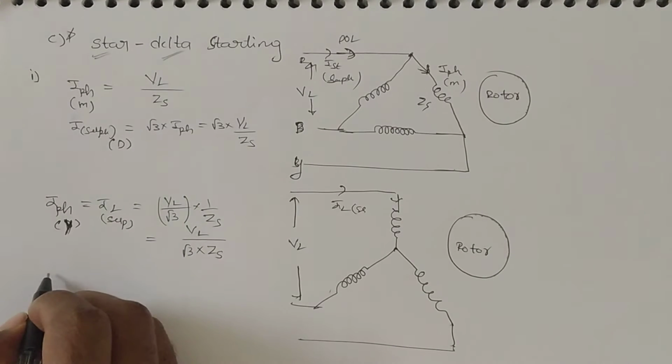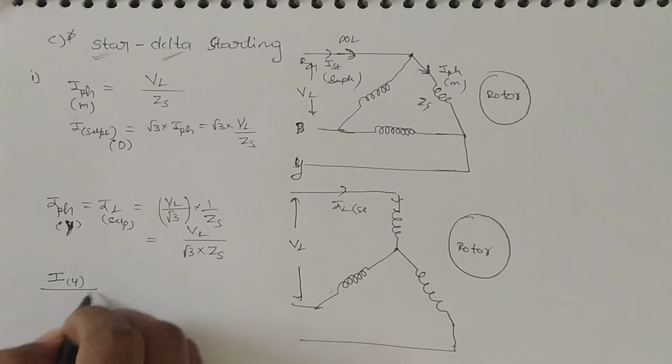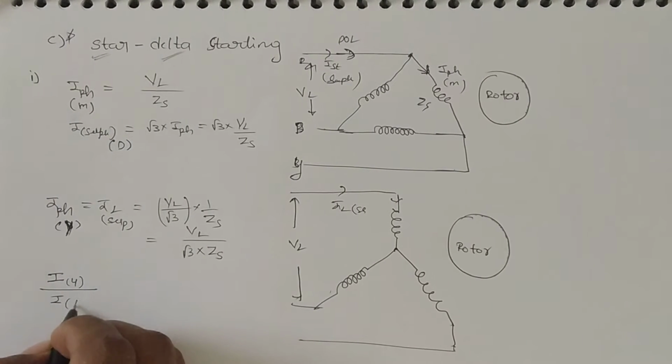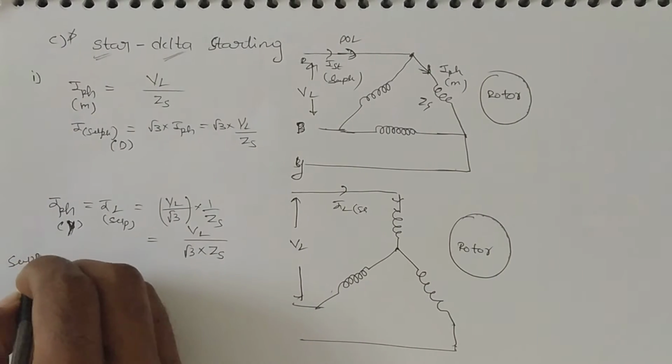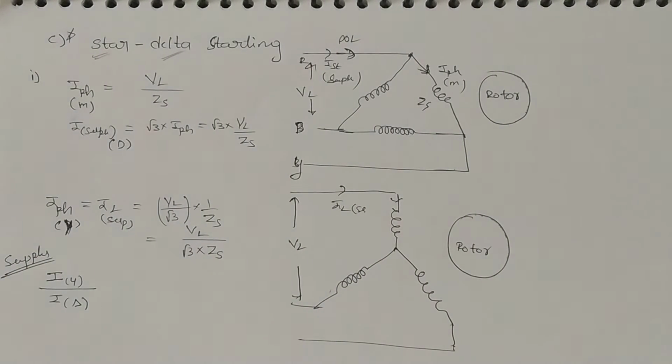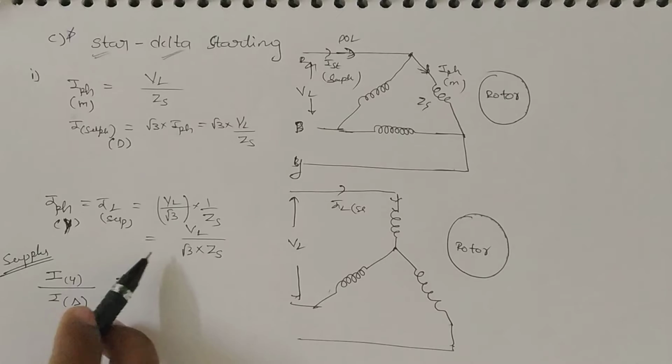I starting current with star divided by I starting current with delta, the starting supply current. I already discussed previously, this is a supply current.